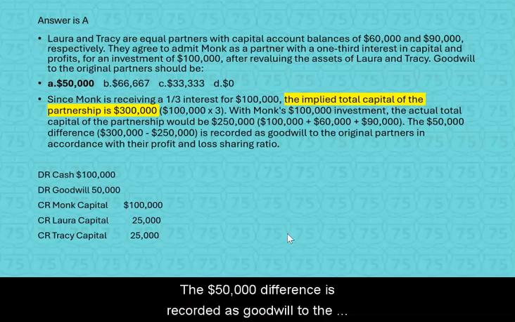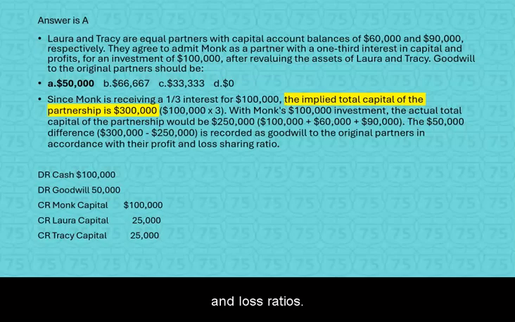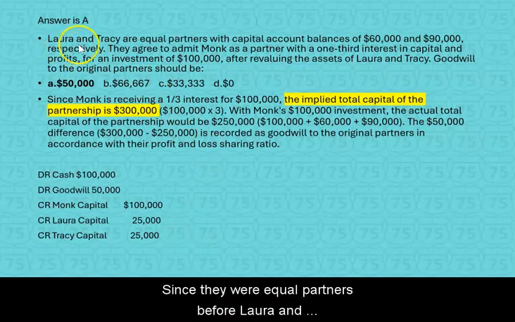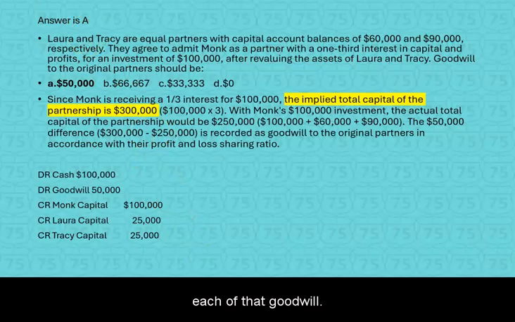The $50,000 difference is recorded as goodwill to the original partners in accordance with their profit and loss ratios. So the total goodwill, $50,000, look how it's going to get split. Since they were equal partners before, Laura and Tracy are going to share $25,000 each of that goodwill.